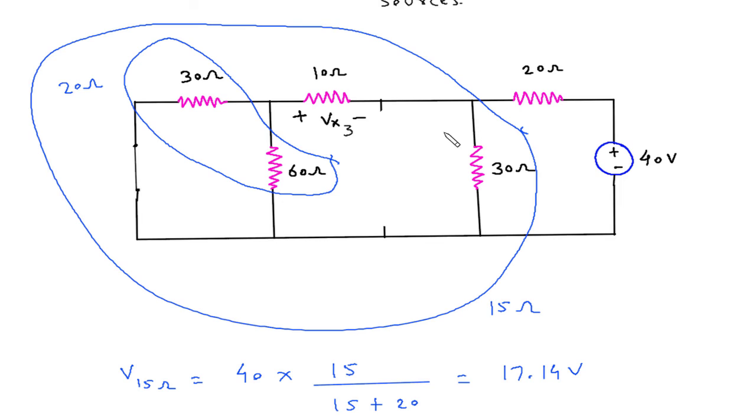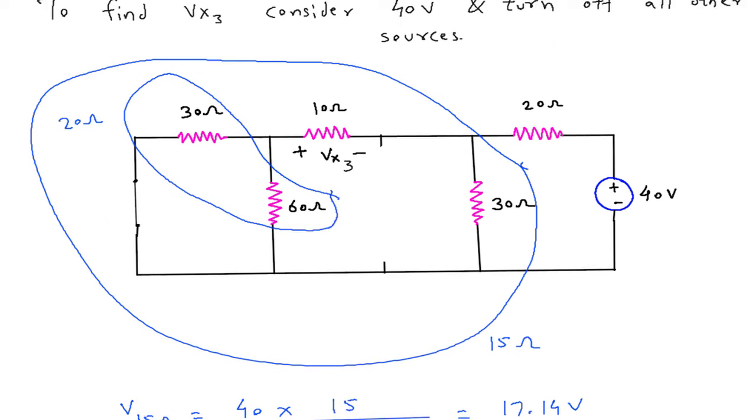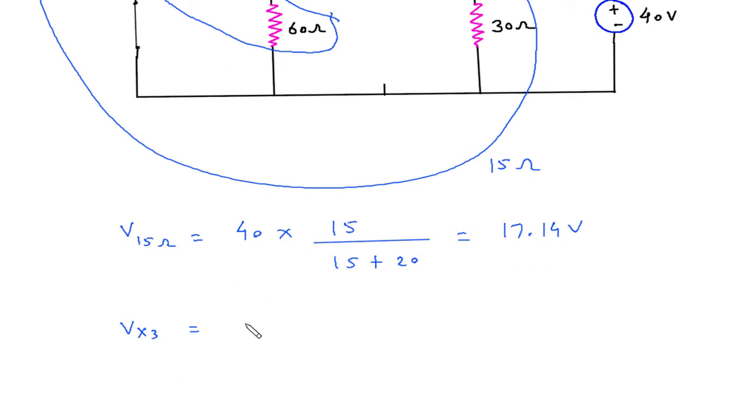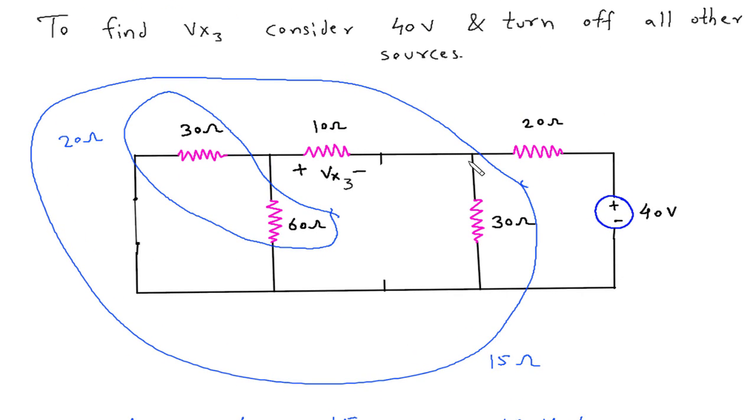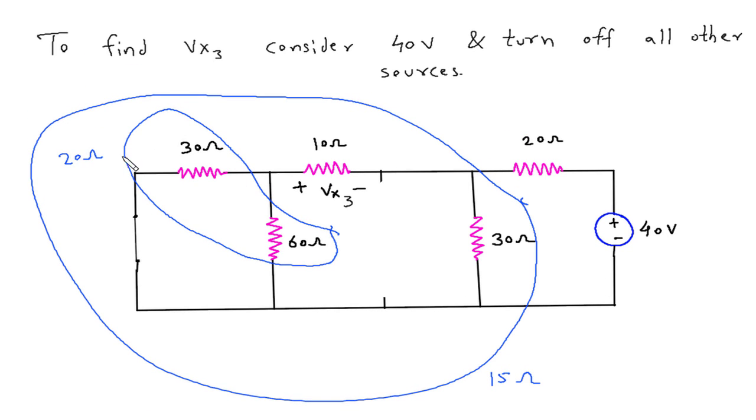Now we have to find the voltage across the 10 ohm. Directly, Vx3 is equal to minus, since the polarity is opposite, this voltage, which is 17.14, the voltage across this 30 ohm, into 10 ohm divided by 10 plus this 20 ohm.